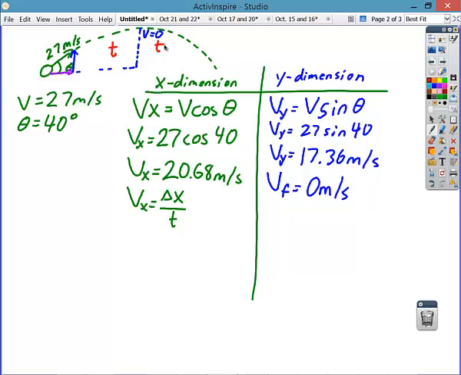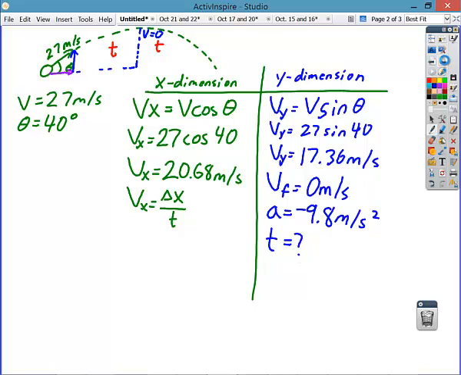What do I know about acceleration in the y dimension? Negative 9.8 meters per second squared. And I know that I'm looking for what? Time. So I have time, A, VF, and VI.